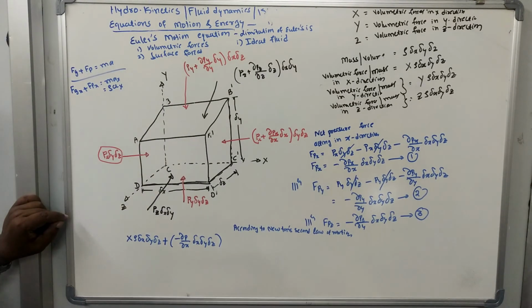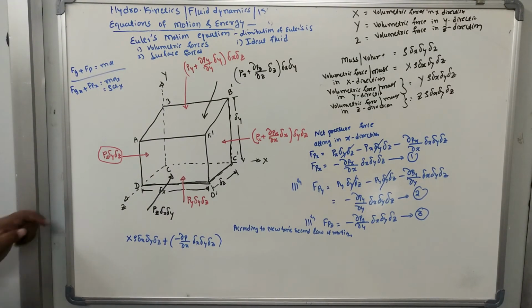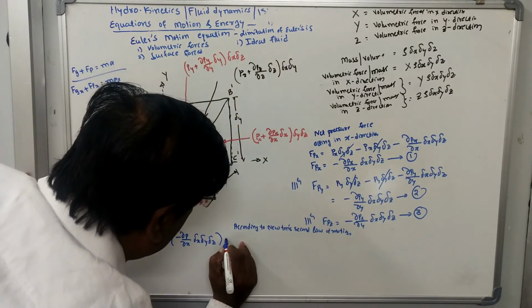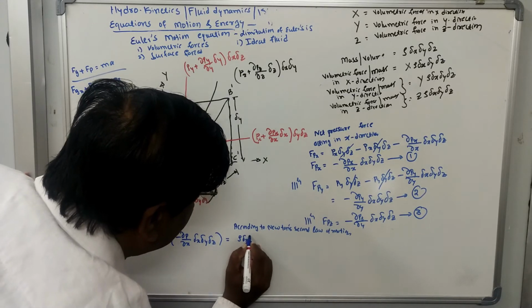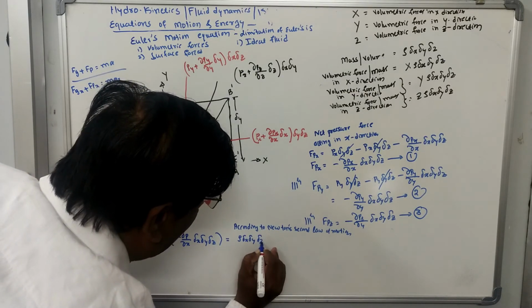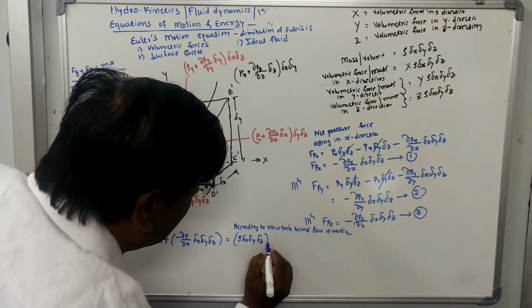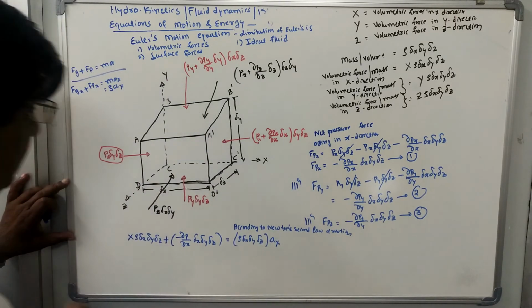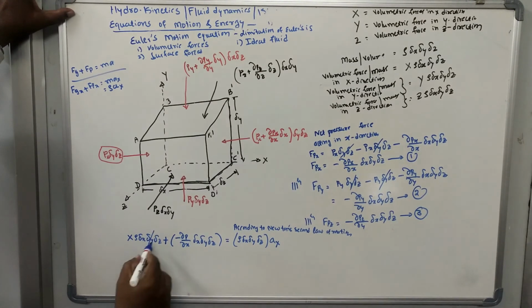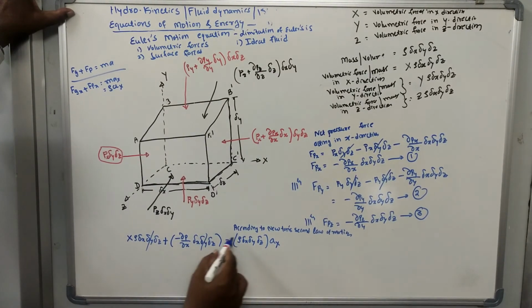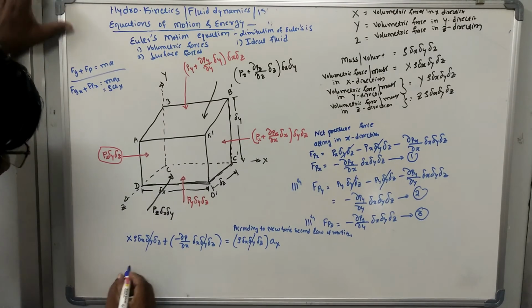This is equal to mass into acceleration. So mass into acceleration is rho delta x delta y delta z, the mass per unit volume, multiplied by ax. Delta x delta y delta z cancels.